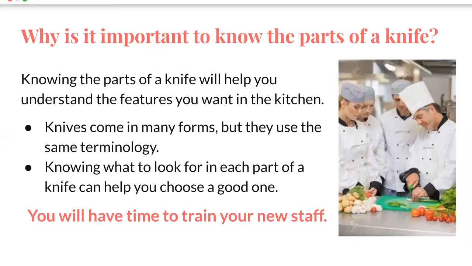And in the future, you will have the time to train your new staff. So I believe you don't want to say to your new staff, you grab here and use here to cut. I hope you can say grab the handle and use the blade to cut.